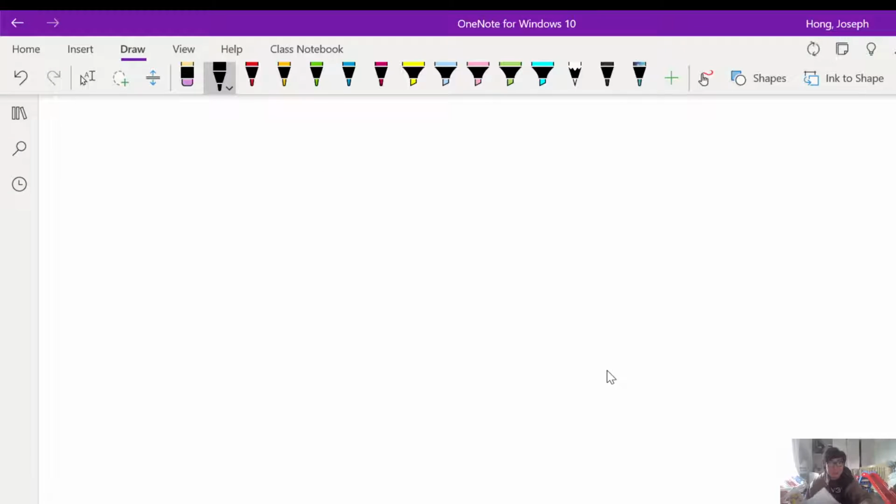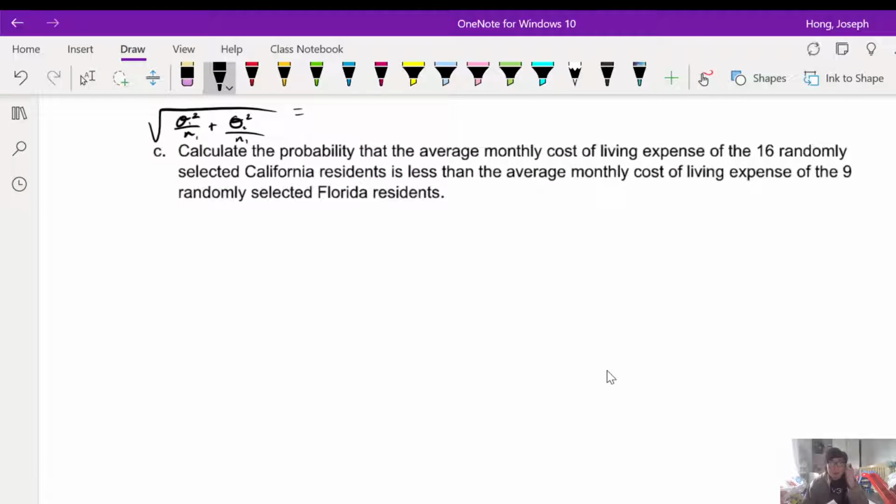And last but not least, for number 3, calculate the probability that the average monthly cost of living expenses for the 16 random Californians is less than the average. So if I draw my normal distribution here, come on, I can't draw straight.